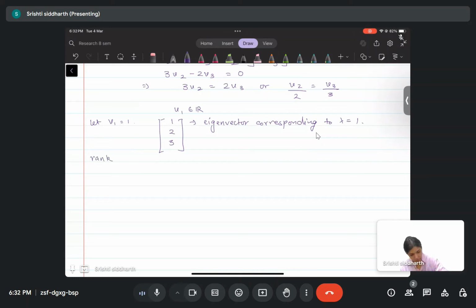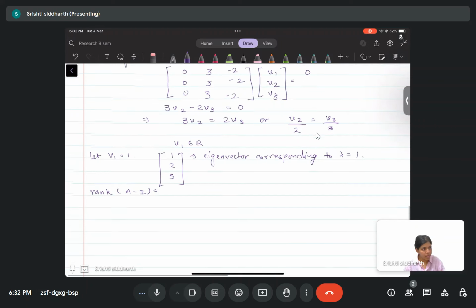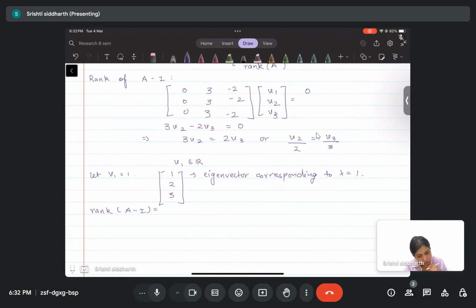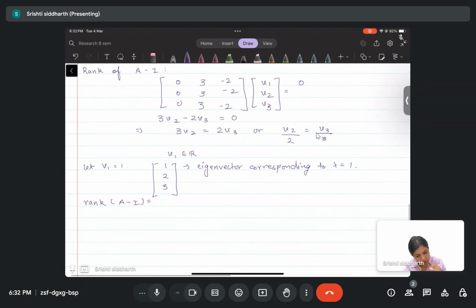Back to the rank of A minus I. Columns are there. So oh, it's just 1, right? Because column 2 is simply minus 3 by 2 times column 3.